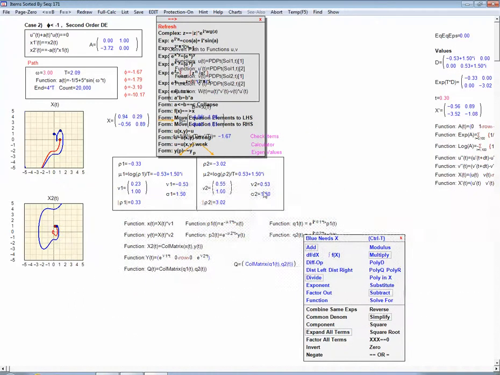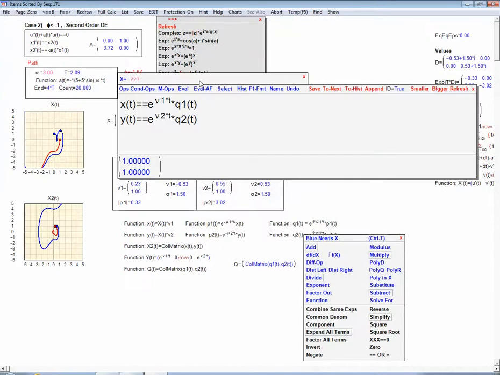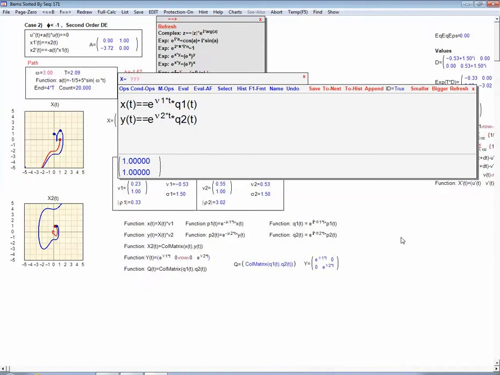Remember, x and t are the initial fundamental solution that we put into x2. So we're now decomposing it into E times q1 and E times q2, and you could express that in terms of matrices as this column matrix q1 and q2 times this diagonal matrix nu1 and nu2. If you multiply this column times this, you just get E nu1 times q1 and E nu2 times q2, which is what we have up here.